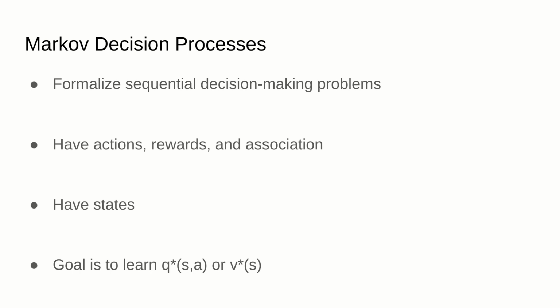In the bandit problem, the goal was to learn q star, or the optimal action. And in an MDP, the goal is to learn either q star (s, a), which is the optimal action given the current state, or v star (s), which is the optimal state given that actions are selected optimally.